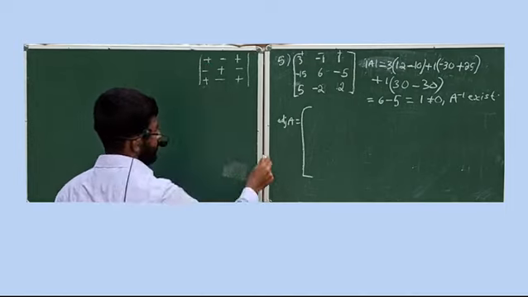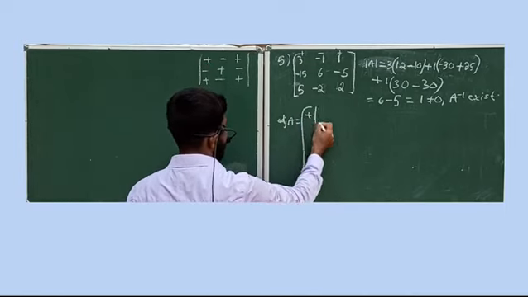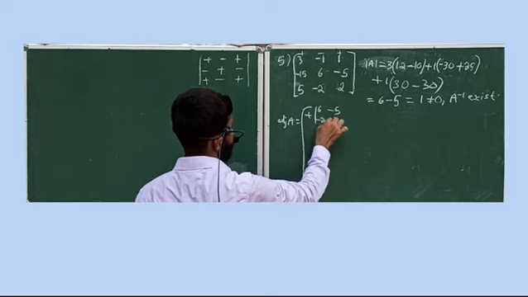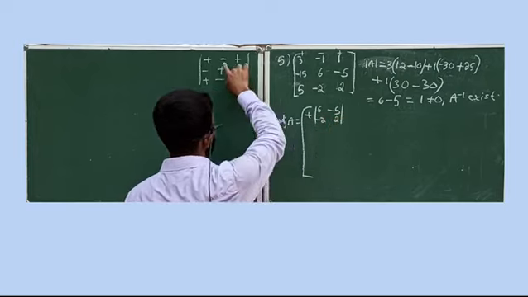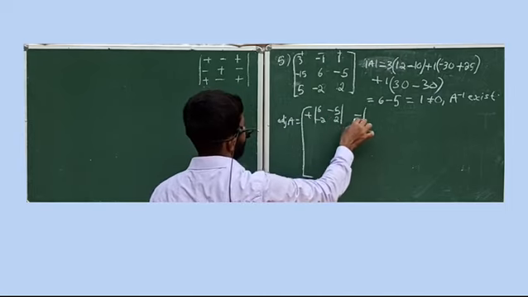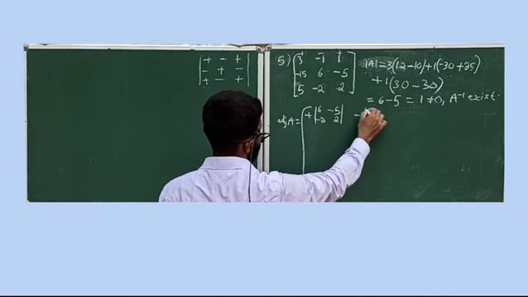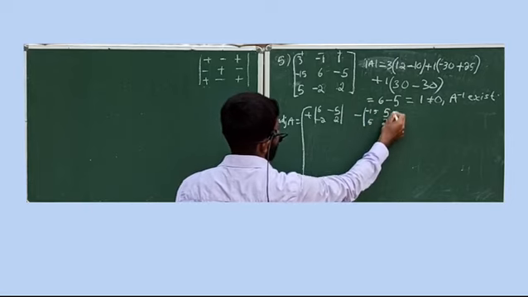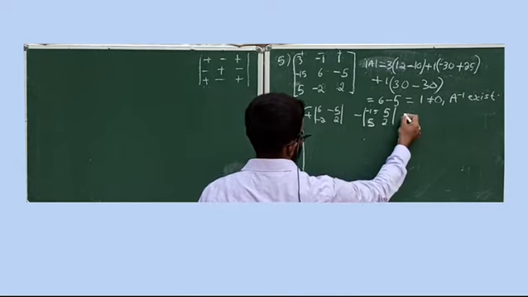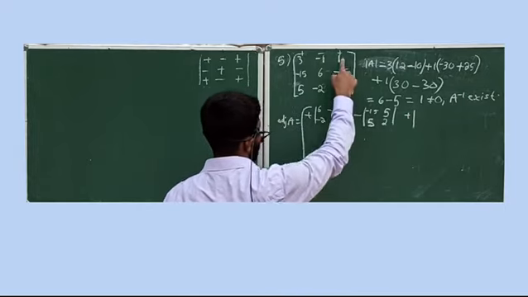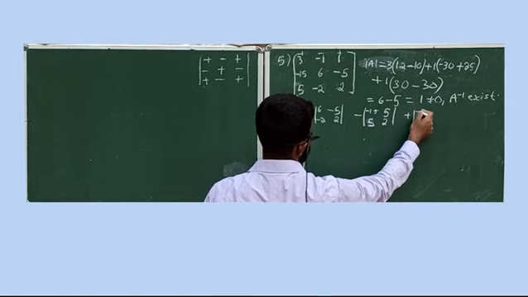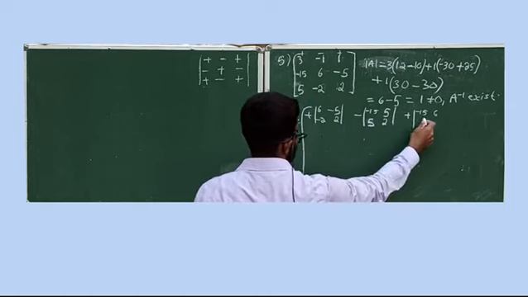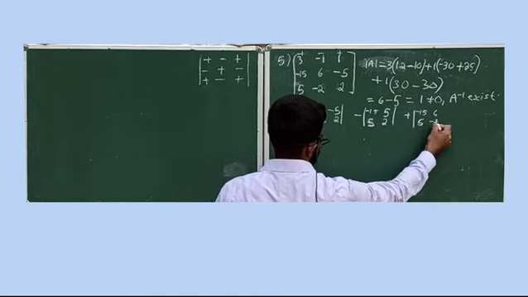First see plus determinant 6 minus 5 minus 2 2, then minus determinant, delete the corresponding row and columns, minus 15 5 5 2, plus determinant, delete the corresponding row and columns, minus 15 6 5 minus 2.